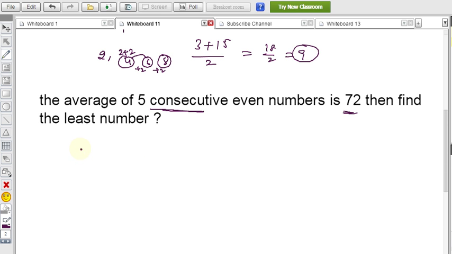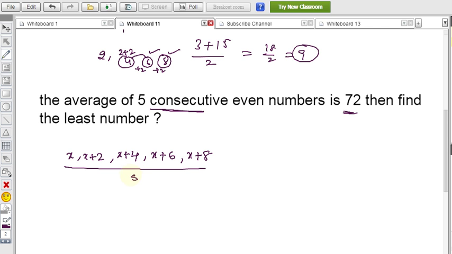Since we don't know the first number, take it as x. The next even number is x plus 2, then x plus 4, x plus 6 and x plus 8. So these are the 5 even numbers.